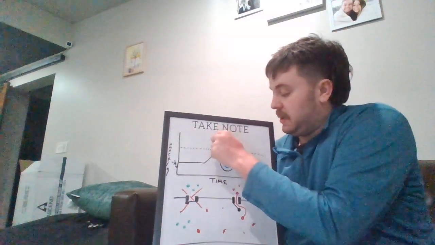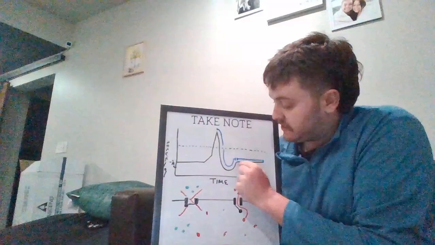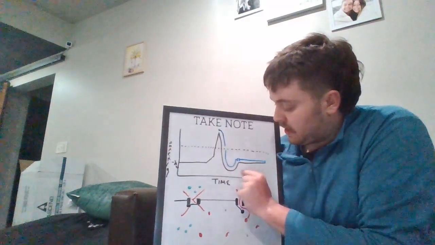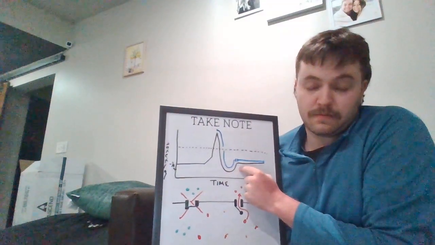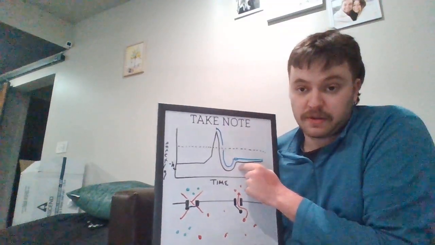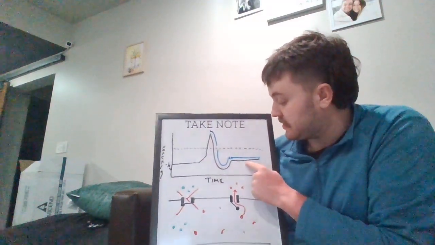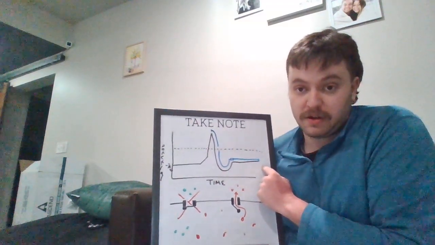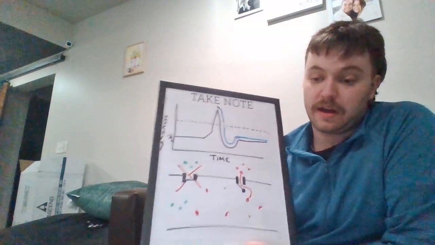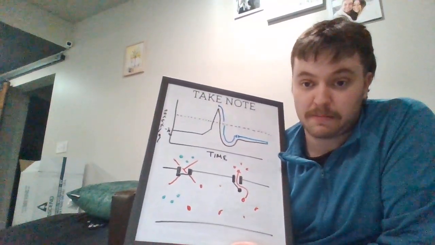The dark blue, from the peak all the way down the falling phase through hyperpolarization all the way back up to the resting level is called absolute refractory. During absolute refractory period, no new action potential can start. Okay, and then the light blue is the relative refractory period, and in this refractory period, only a strong stimulus can trigger an action potential. So there might be an opportunity for an action potential to happen.